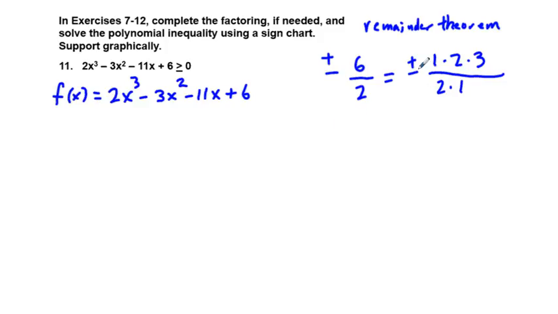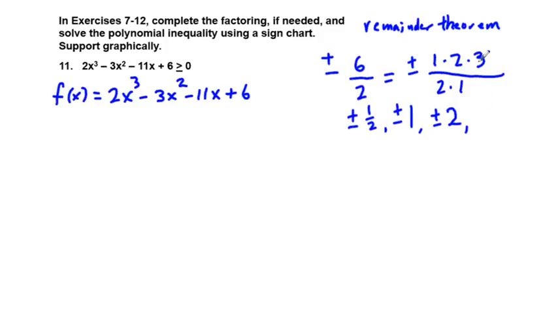So we can have plus or minus 1 over 2, plus or minus 1 over 1, and then using the 2, that's 2 over 2, and then 2 over 1. It's 2 over 2, we already had that. So we can have plus or minus 2. Those are possible zeros.